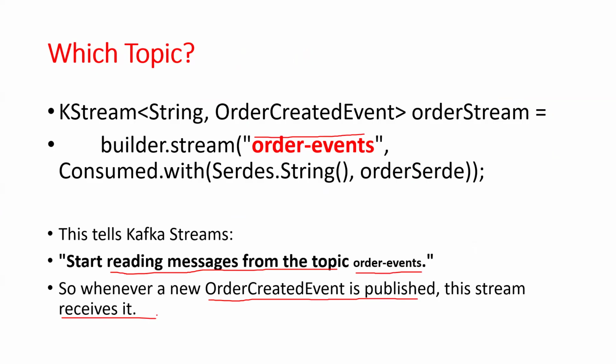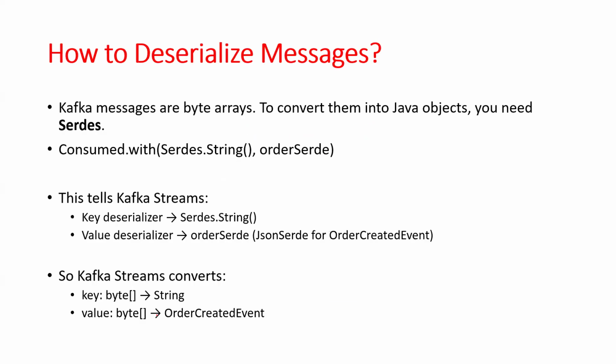Previously, we were doing this by using a Kafka listener, but this is real-time data processing from two topics. When we get the data, I want to merge, join, and publish new data here. That is about the topic name here. Now, how to deserialize our messages? Kafka messages are nothing but byte arrays.